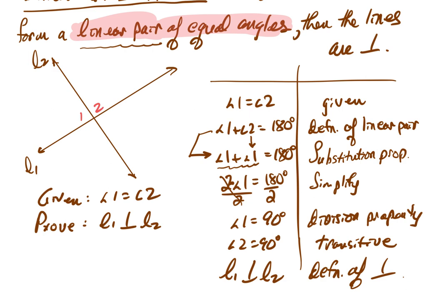Okay, and we have our proof that line number 1 is perpendicular to line number 2. All right, like I mentioned before, feel free to pause the video if you need to get the last few steps down into your notebook. Otherwise, though, I'm just going to move on to the second proof for today, which is called the perpendicular transversal theorem.